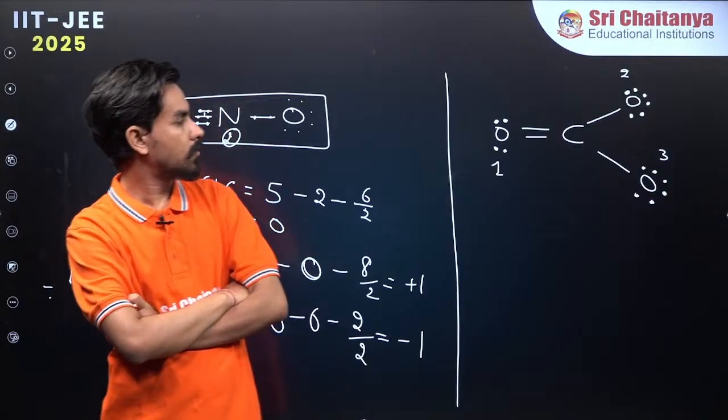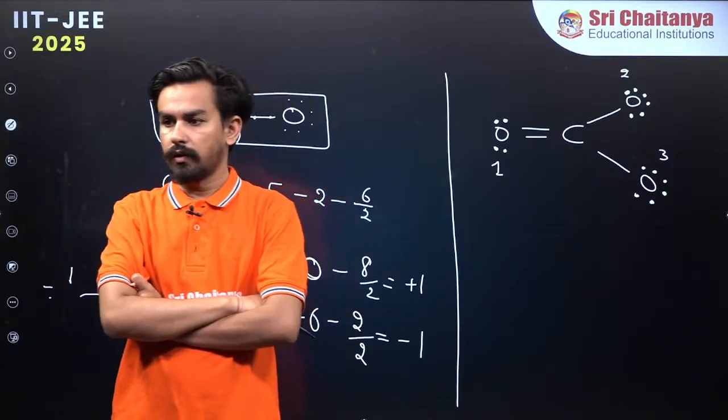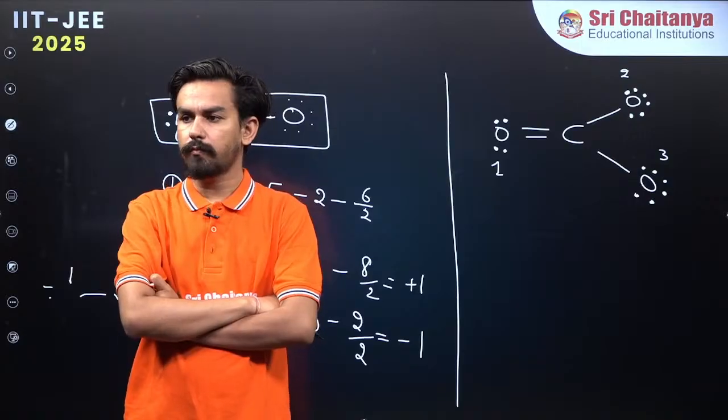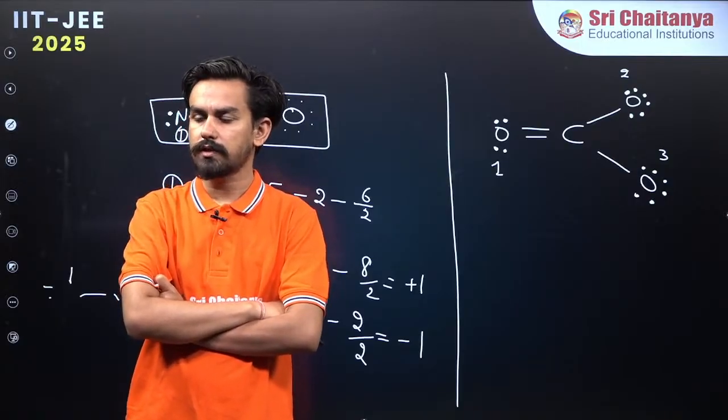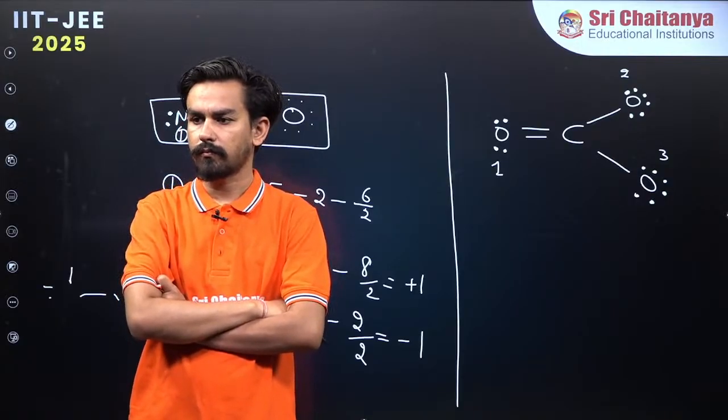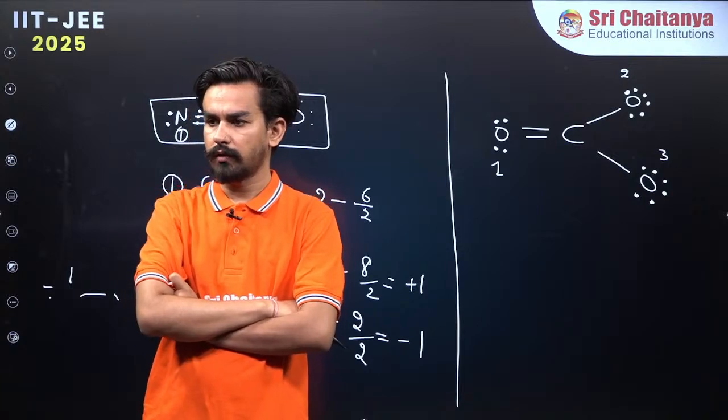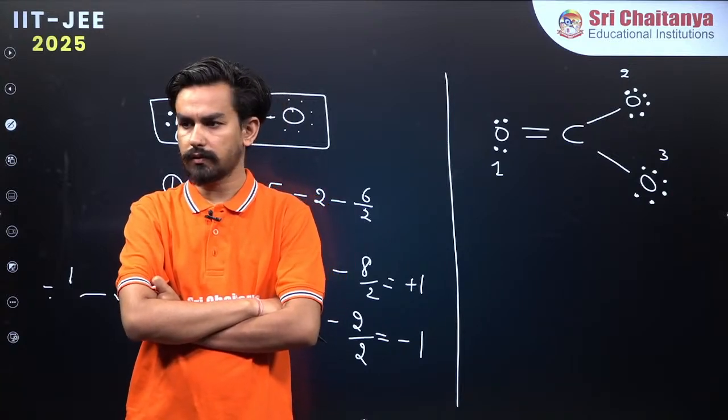Sanjana, check what you are taking. Second, oxygen number 2, check once again. Numbering you should check once again. Very good. Let us see.